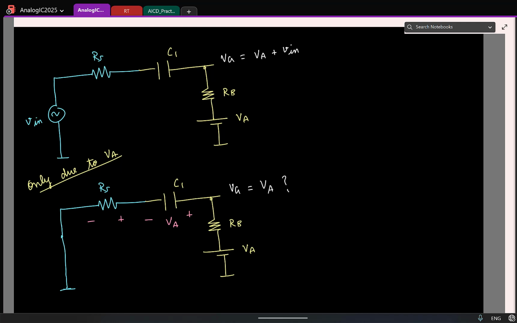Why is the capacitor open circuit? I mean, I'm agreeing to the fact that, let us say, the maximum it can charge is VA, but why should this voltage be 0? Why should this behave like an open circuit?